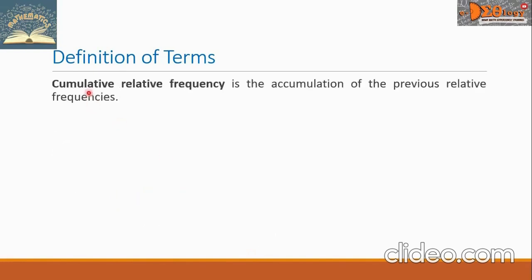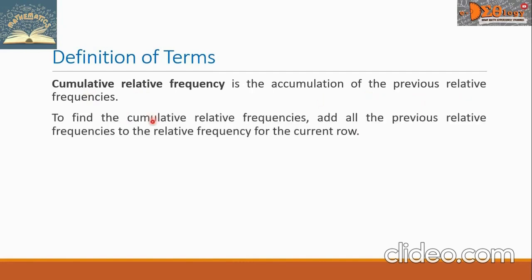Next term is cumulative relative frequency. It is the accumulation of the previous relative frequencies. To find the cumulative relative frequencies, add all the previous relative frequencies to the relative frequency for the current row.